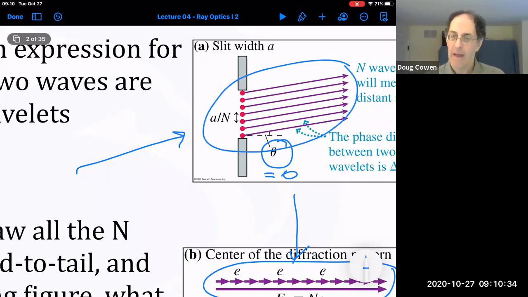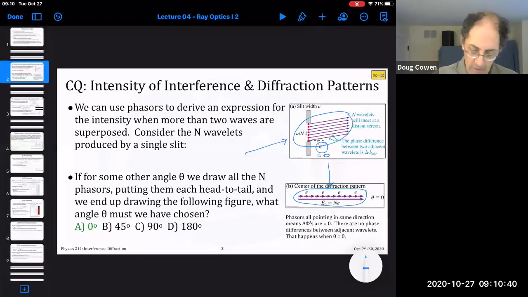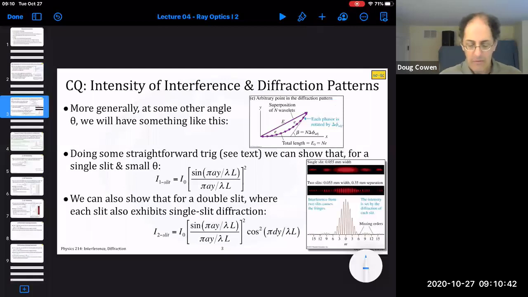And the only way for that to happen is if the angle there is 0. So then we proceeded to extend this to the case where we're at some finite non-zero angle along the screen. And in that case, each of these individual wavelets will have a little angle relative to its neighbor.